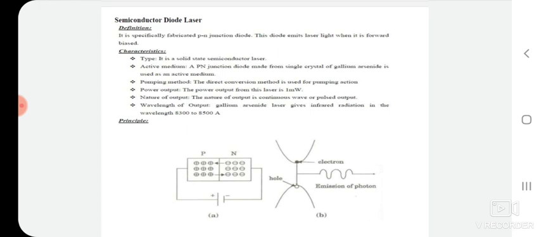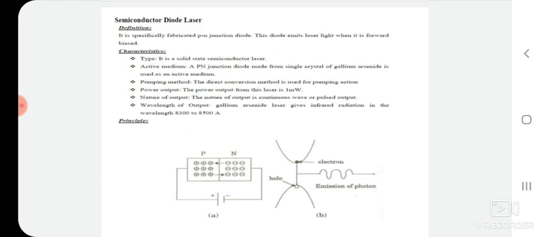During the recombination process, the light radiation, that is photon, is released from a certain specified band gap, like gallium arsenide. This light radiation is known as recombination radiation.